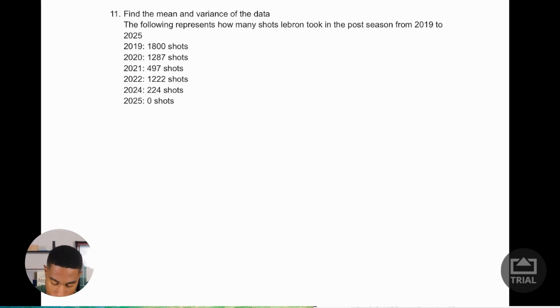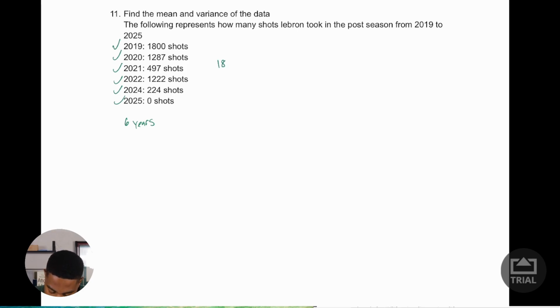So if I want to find the mean, I know that I need to add all of these shots up and divide by the number of years, right? So looks like it's 1, 2, 3, 4, 5, and 6. So 6 years. And I know that he took all these different shots. So we're just going to go through and add them up.